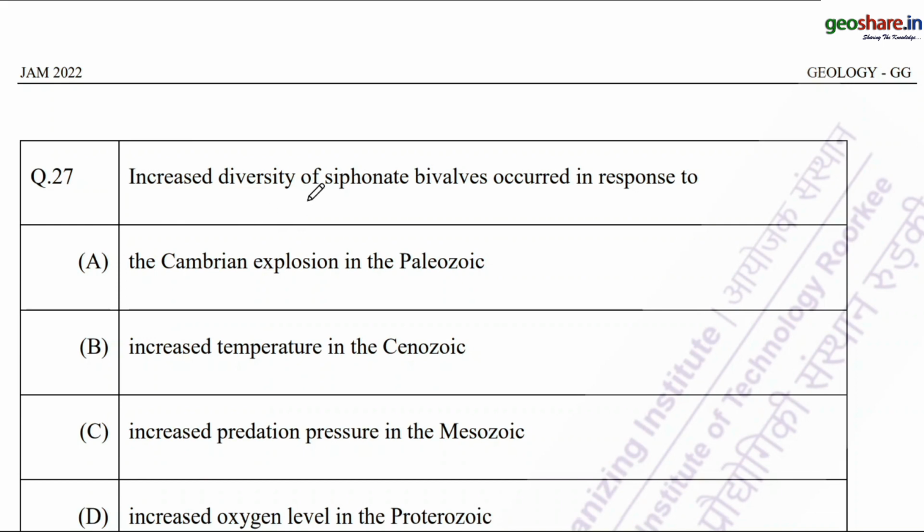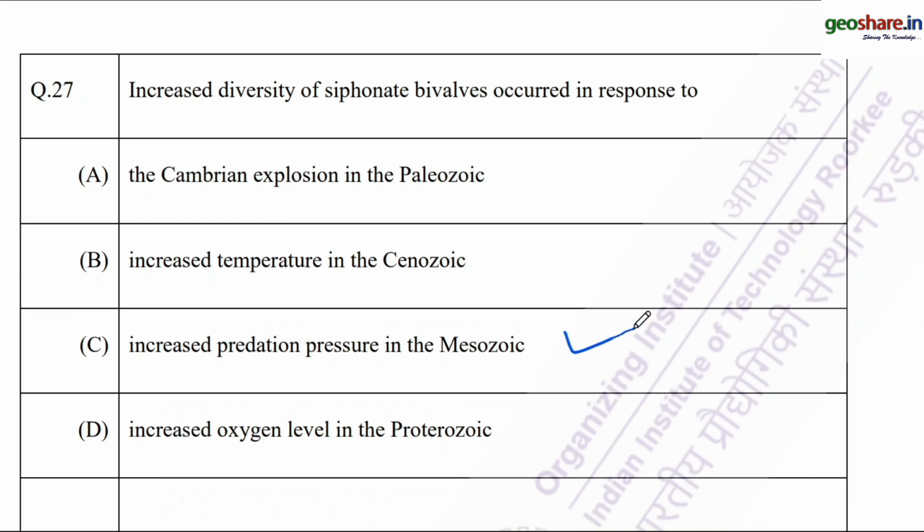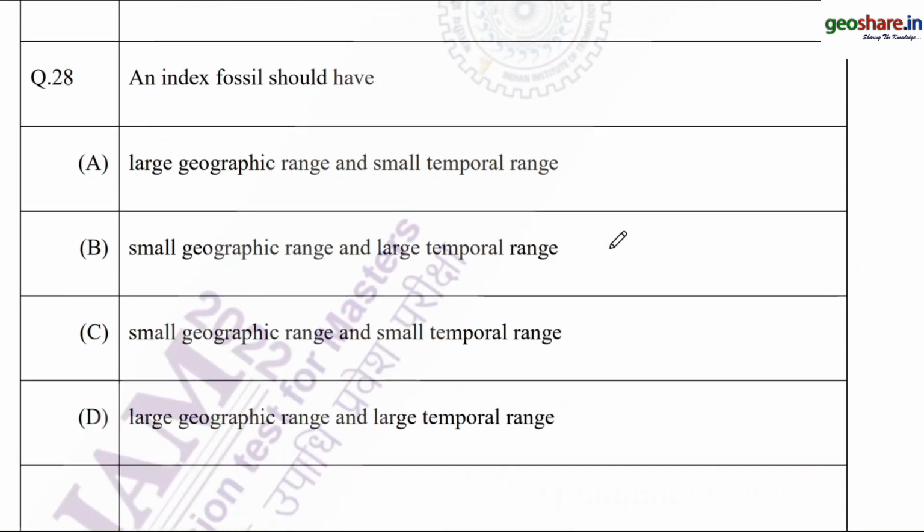Increased diversity of siphonate bivalves occurred in response to increased predation pressure in Mesozoic. An index fossil should have large geographic range and small temporal range.